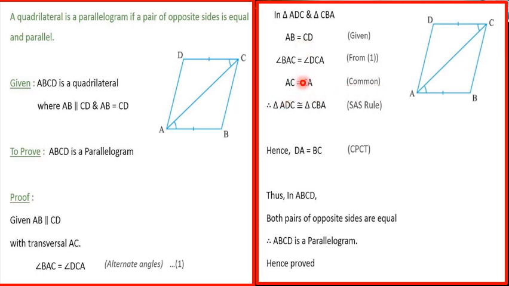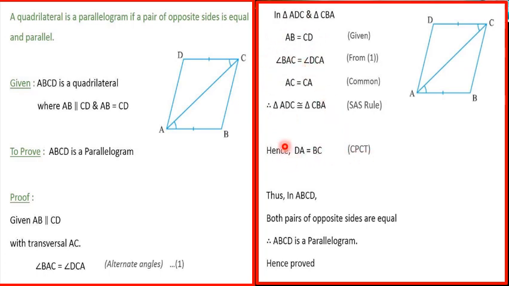So from these three, we can write that triangle ADC is congruent to triangle CBA according to the SAS congruence rule. That is side angle side. Side angle side. And the angle becomes included here. So these two triangles are congruent. So after proving the congruency of triangles, you can write the other corresponding sides which are not included in the proof as equal according to CPCT.